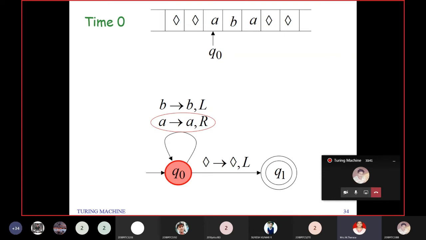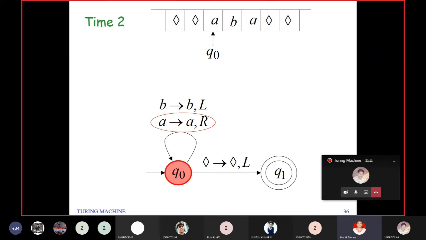Okay, so first we'll see from the state Q naught for the input symbol A, what happens. It should move right and stay in the same state Q naught. Okay, from the state Q naught for the input symbol B, what should it do? Whenever it reads B from the state Q naught, the machine should stay in the same state, but the tape head should move to the left.